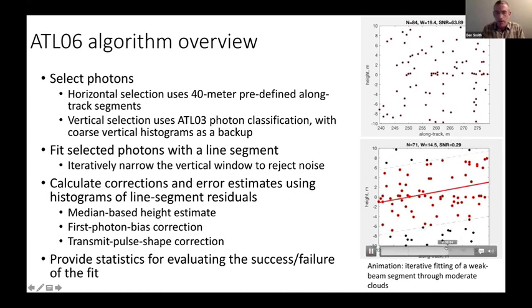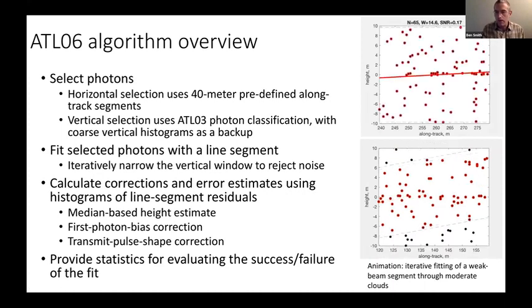Sorry, let's look at the next example. The top example is now iterating more successfully. This is homing in on a concentrated collection of photons that turns out to be a pretty good example of the surface. And then next I'm going to show you one that doesn't work at all.